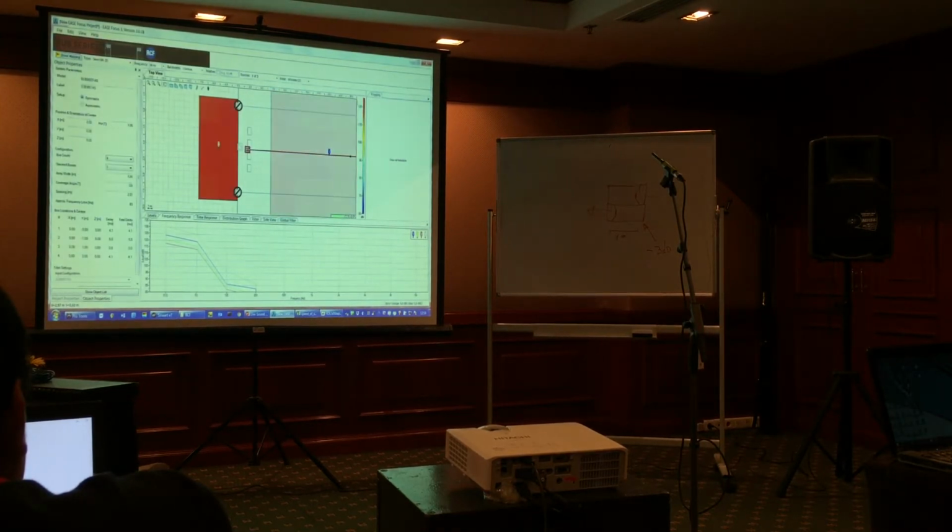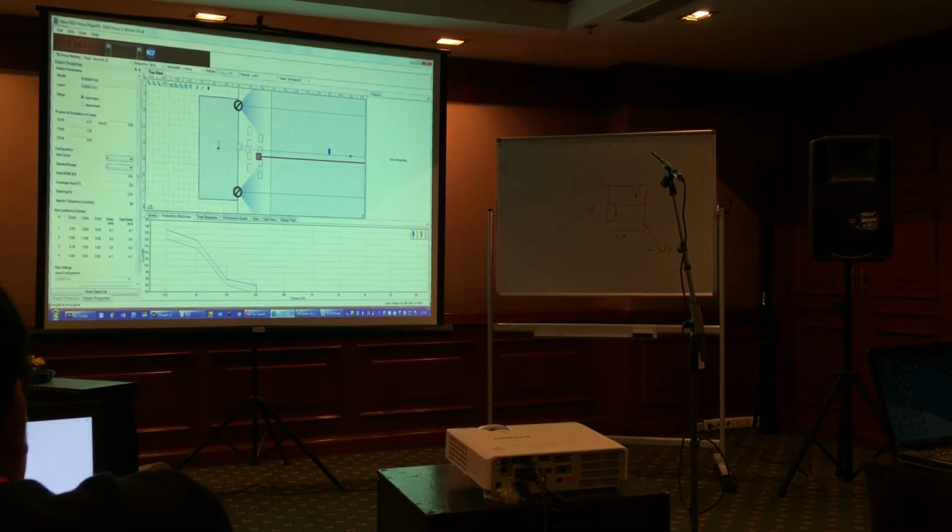So I can select this, copy and paste, and place the second one 1.5 meters behind the previous one. So this is at 2 meters on the x-axis. This will be at 0.5 meters from the stage.